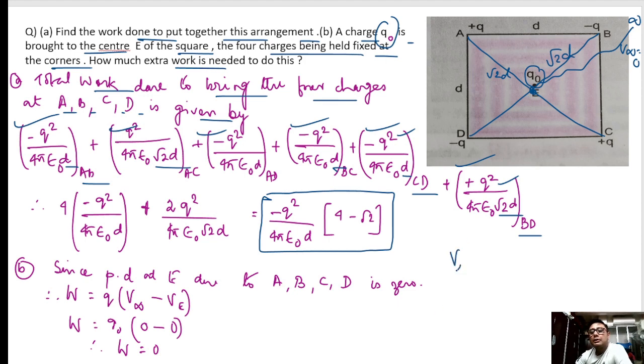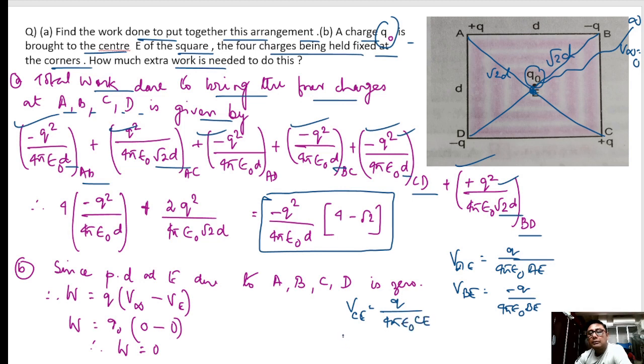Potential due to A at E is what? Q by 4 pi epsilon naught AE. B at E will be minus Q by 4 pi epsilon naught BE. C at E will be Q by 4 pi epsilon naught CE.